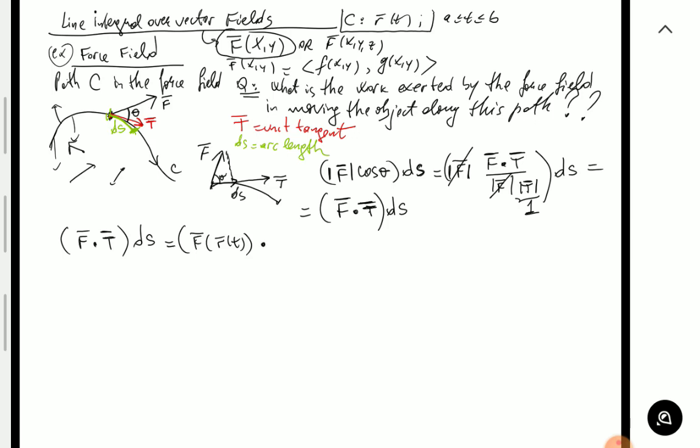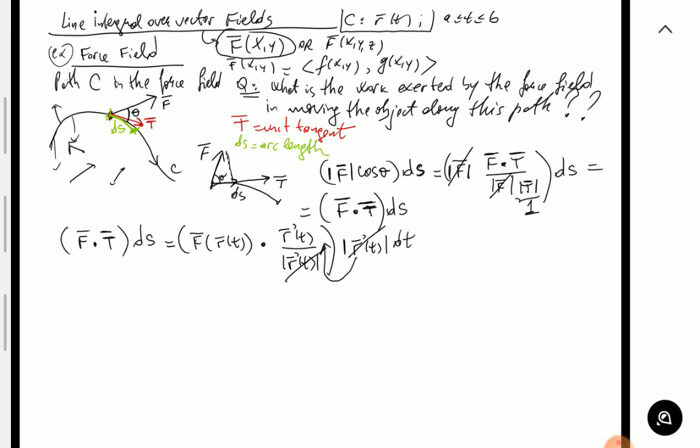The unit tangent is r prime of t divided by the magnitude of r prime of t. And ds is the magnitude of r prime of t, which is a scalar. Keep in mind this is a scalar product on the outside of the parenthesis. You can bring this scalar inside the parenthesis, which means it will cancel, and the dt remains when it comes time to integrate.